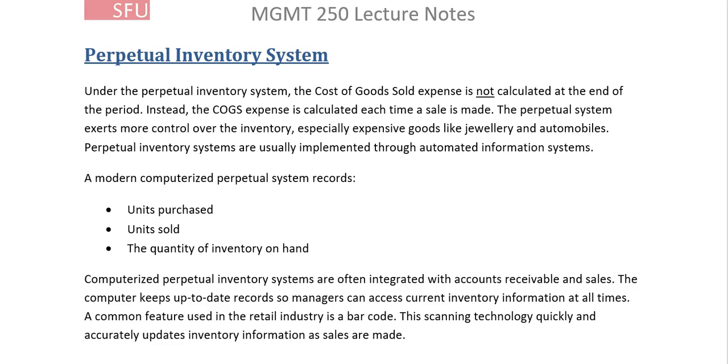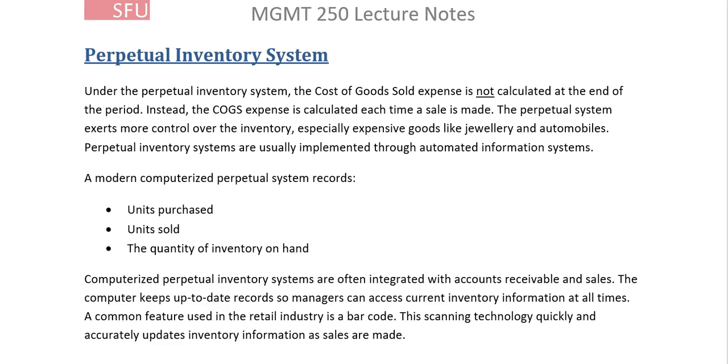So a modern computerized perpetual system records units purchased, units sold, and the quantity of inventory on hand. Computerized perpetual inventory systems are often integrated with accounts receivable and sales.